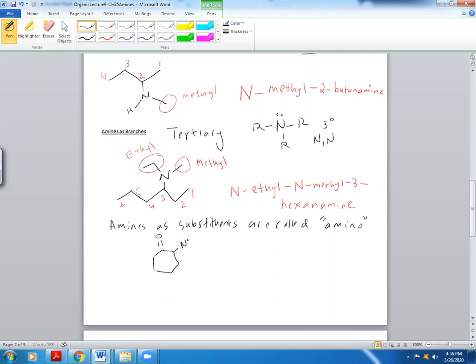Okay, so you might be asking, okay, well, which one gets the priority? Well, to make it simple, amines are actually on the lower level. They're lower than alcohols too. So in this case, they act as a substituent.